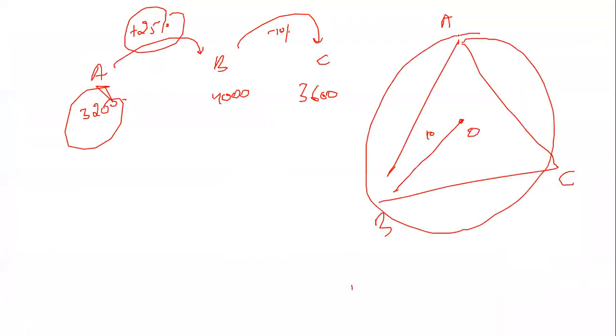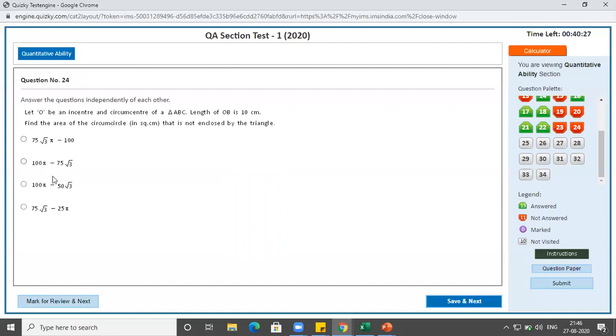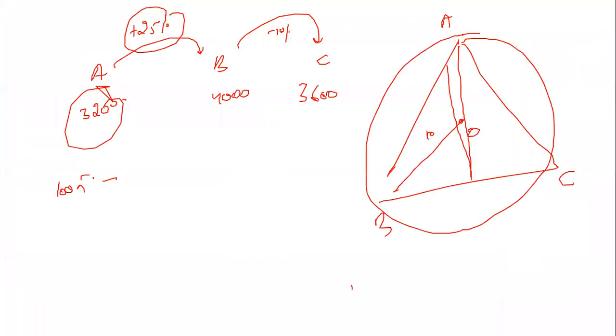Okay, so this is a circle with radius as 10. So pi r square, 100 pi minus the area of this triangle. So 100 pi minus something. So I'm looking at option B and C. A and D are out. Okay, 100 pi minus something is my answer. Now this is 10.